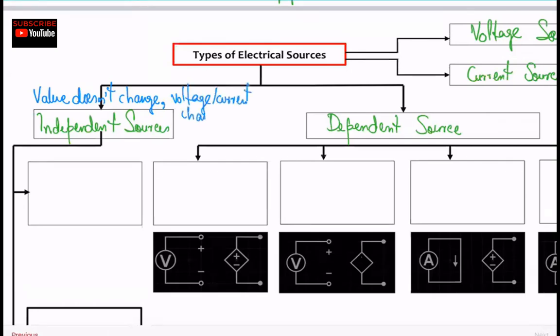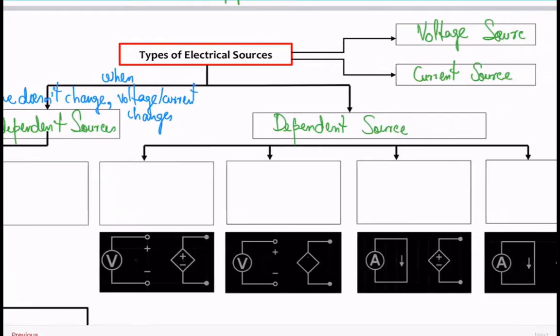So the value of the voltage will remain the same, regardless of whether there's a change in the voltage or current in a given circuit. In the case of the dependent source, the value of the voltage or current will change. So the value changes when voltage or current changes.